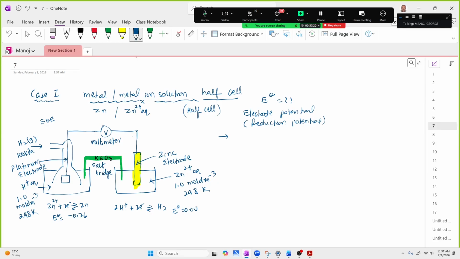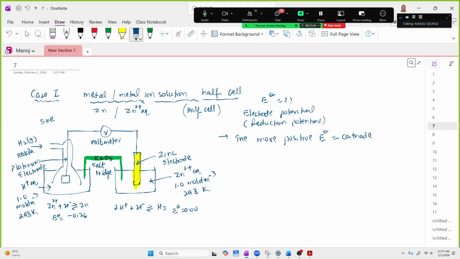Now, look at this star point very carefully. This is like a cheat point. The more positive E° value is the cathode.